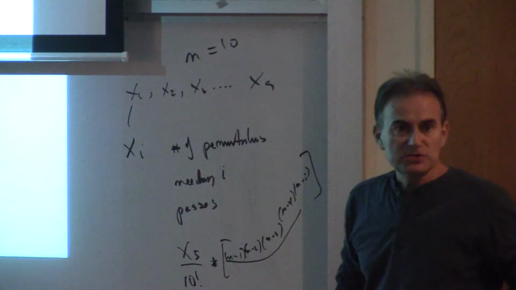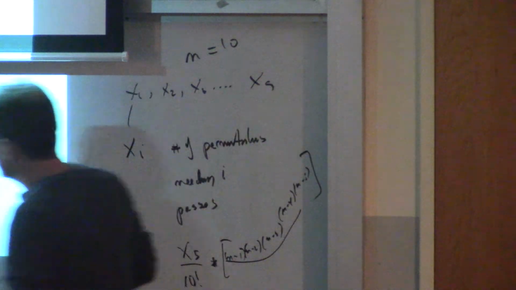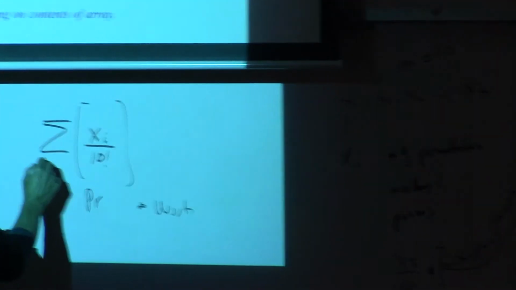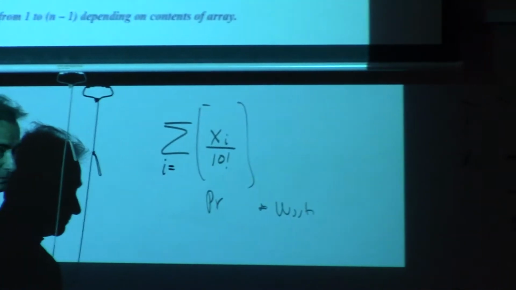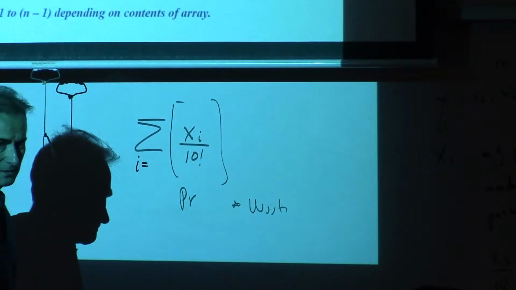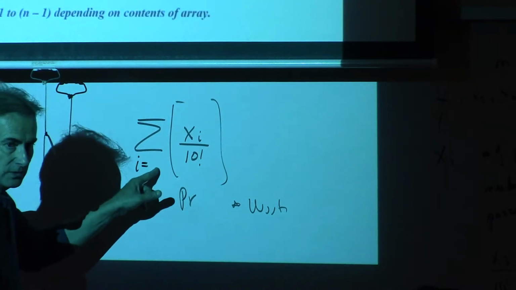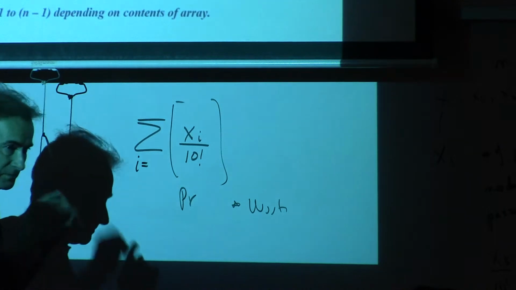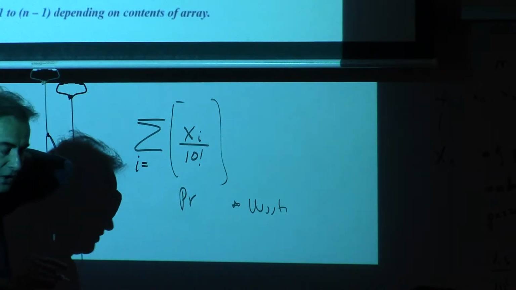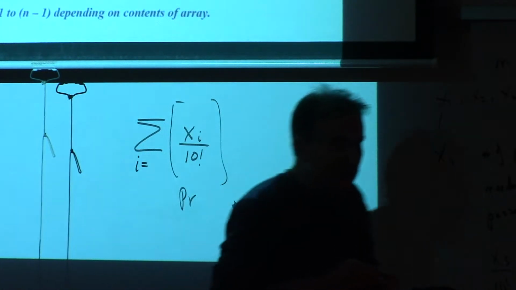Well, sum shows summations. So the summation is going to go, i is going to go from what to what? What is i counting in here? First of all, how many different scenarios do we have for 10 elements?